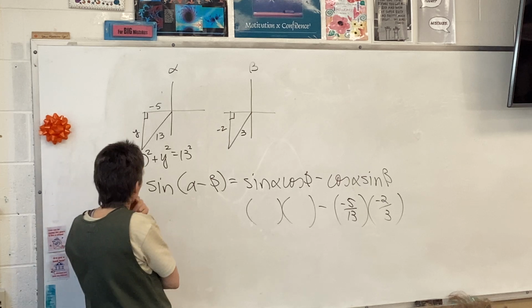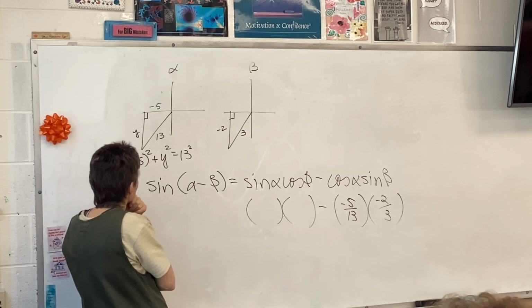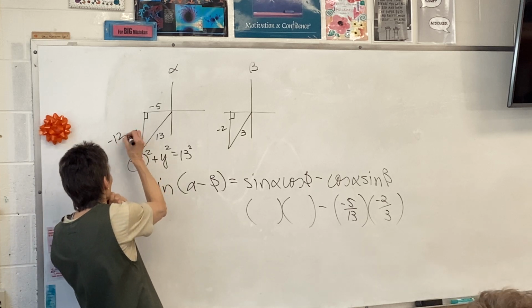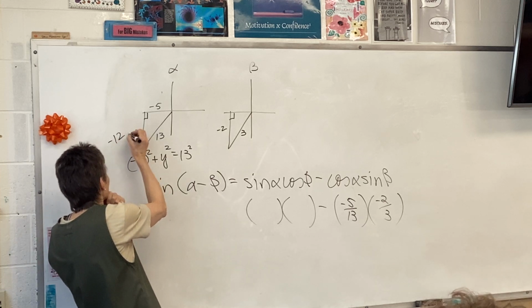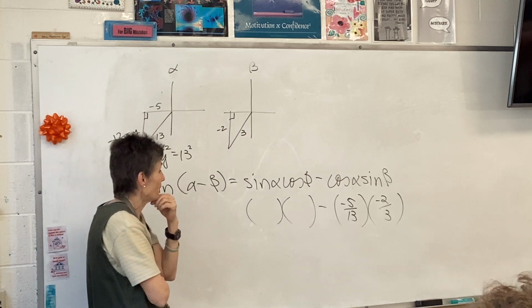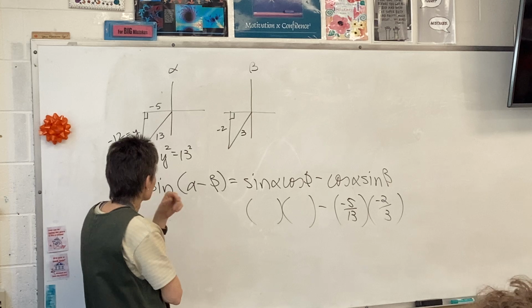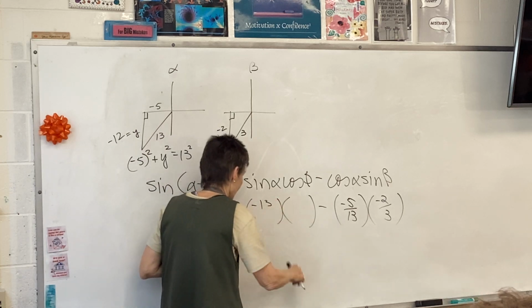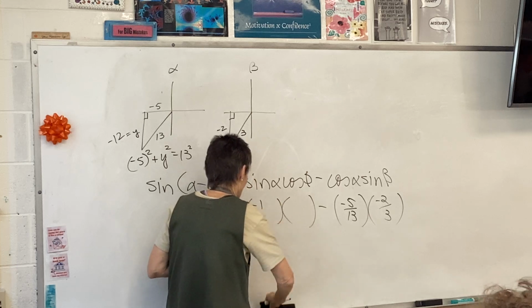It looks like y would be negative 12. Why is it negative? Because where it is, it's down. So the sine of alpha is negative 12/13.